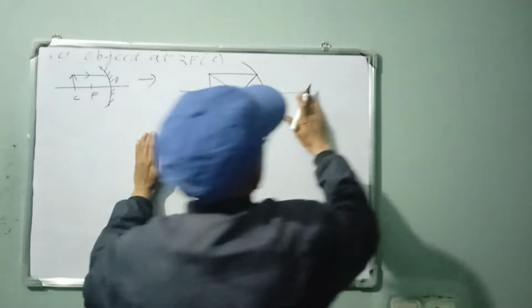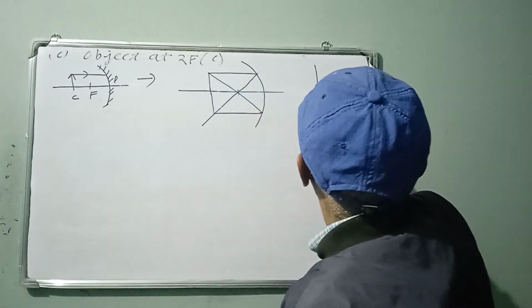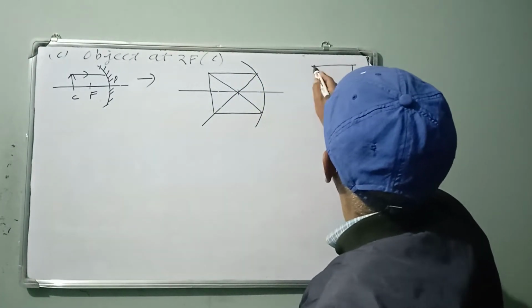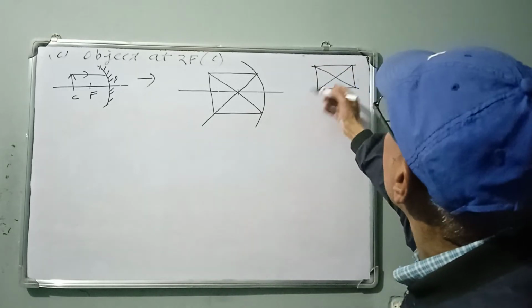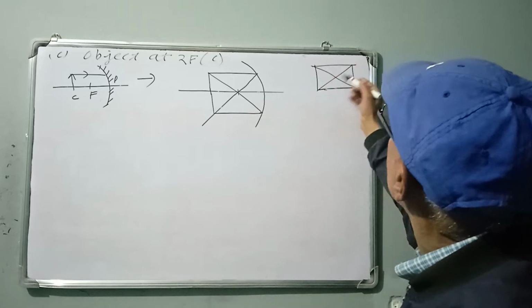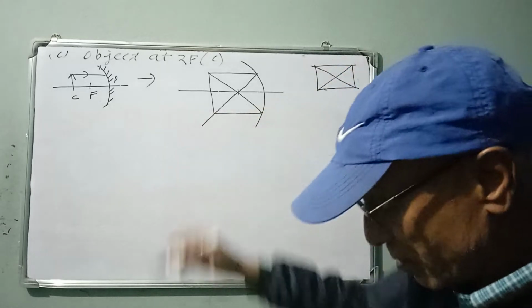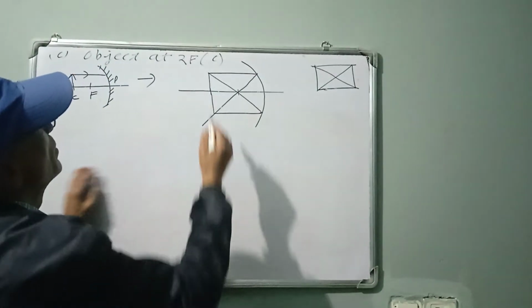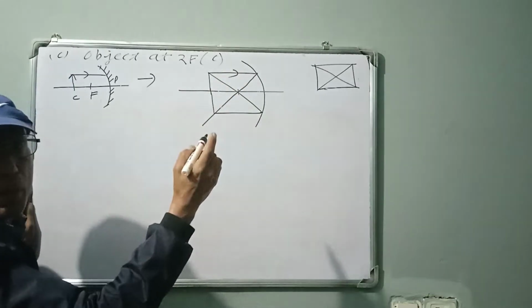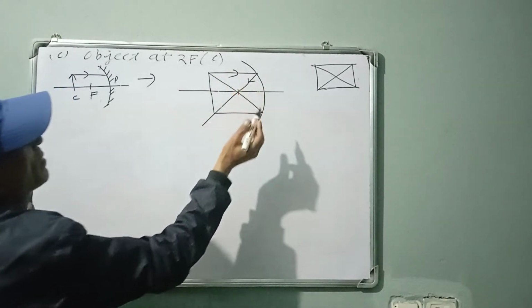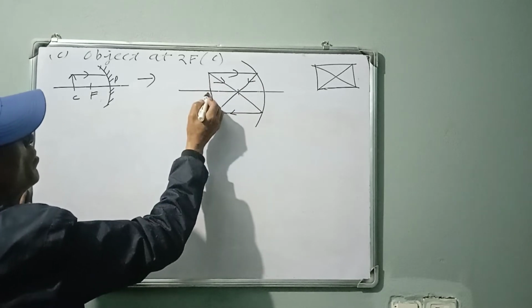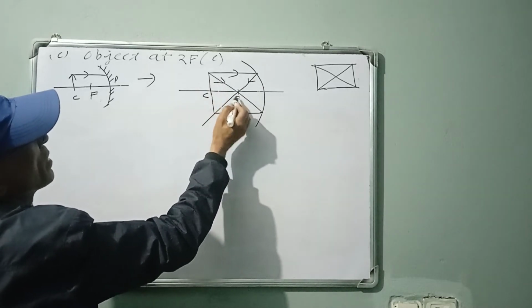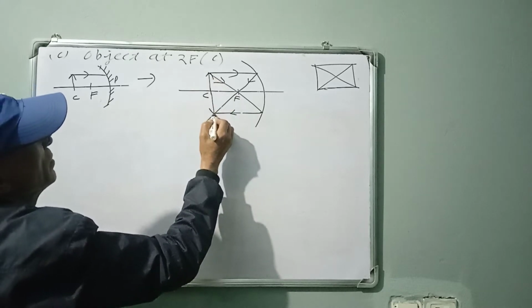Just like in compulsory math, the diagonals of a rectangle bisect each other. Just like diagonals of a rectangle, very similar. See, incident ray, reflected ray, incident ray, reflected ray, center C, focus F, object, image.